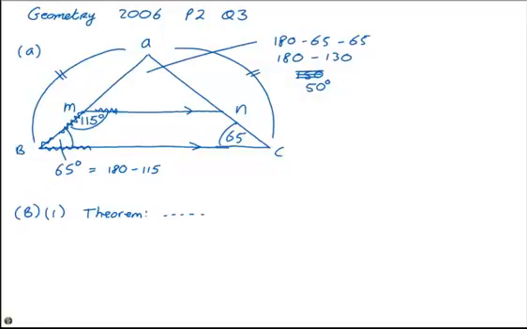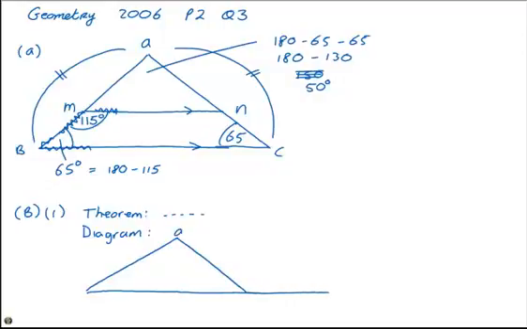Yeah, I'm not going to do that right now. Diagram. Will be like that. Label it A, B, C. Sometimes people put a D out here as well.